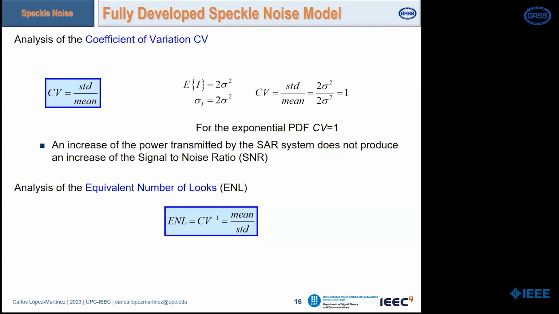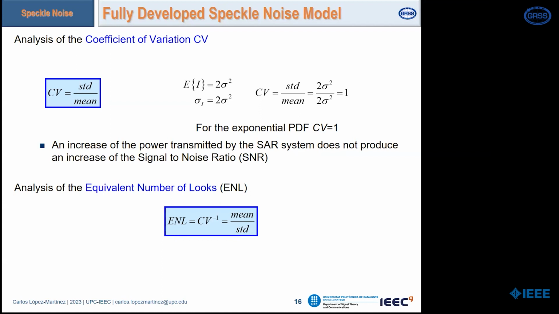And I cannot change this value by increasing the power, because if I increase the power, I increase the standard deviation, and it's always 1. If I take the inverse, the mean to the standard deviation, I obtain what is called the equivalent number of looks. It is the quality of the image. The worst case is ENL equal to 1.